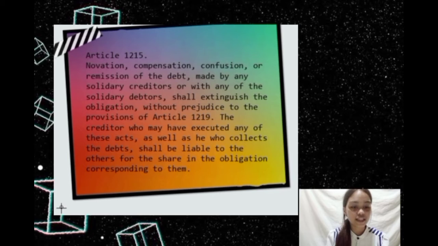So remission is an act of pure liberality by virtue of which the creditor, without having received any compensation or equivalent, renounces his right to enforce the obligation, thereby extinguishing the same either in its entirety or in the part or aspect thereof to which the remission refers.